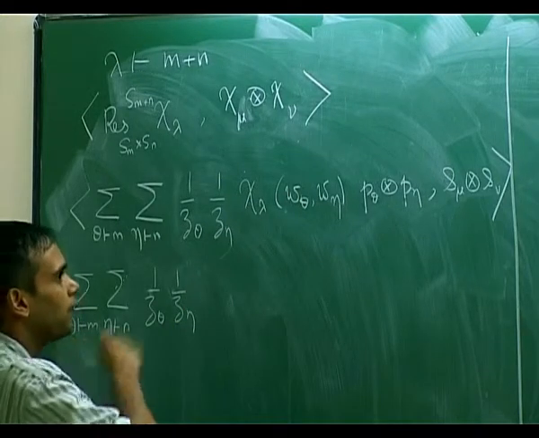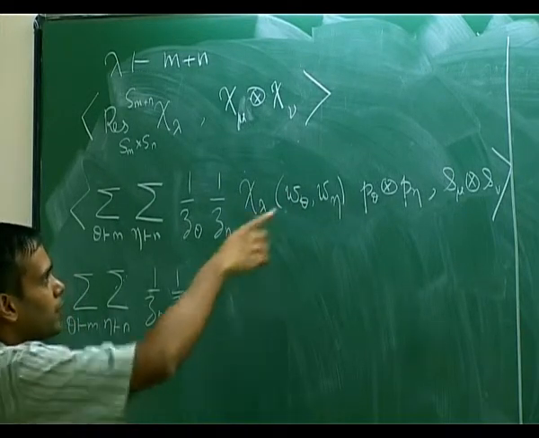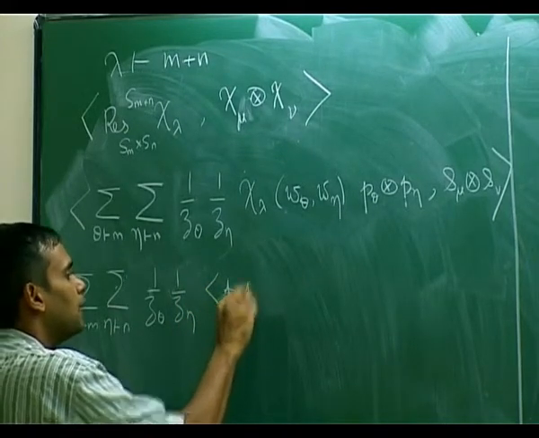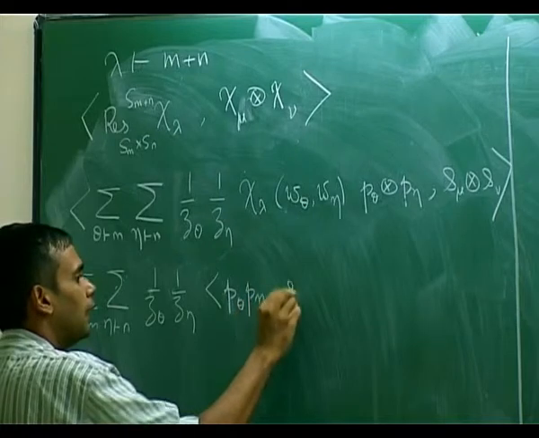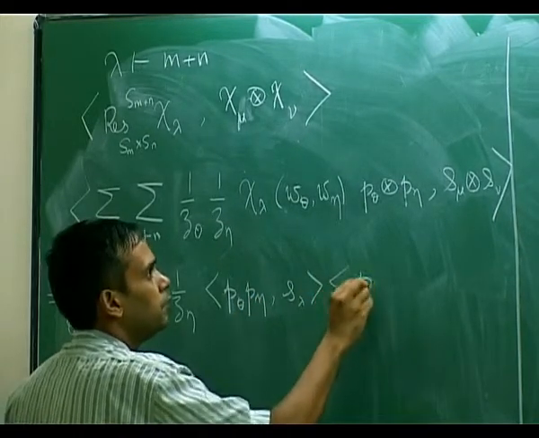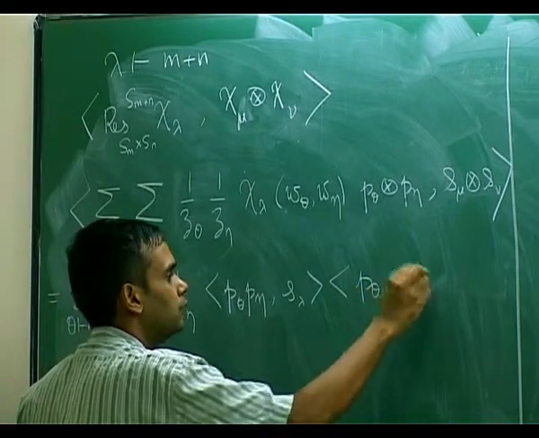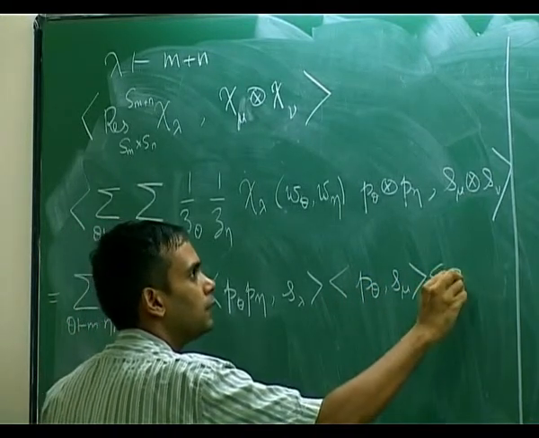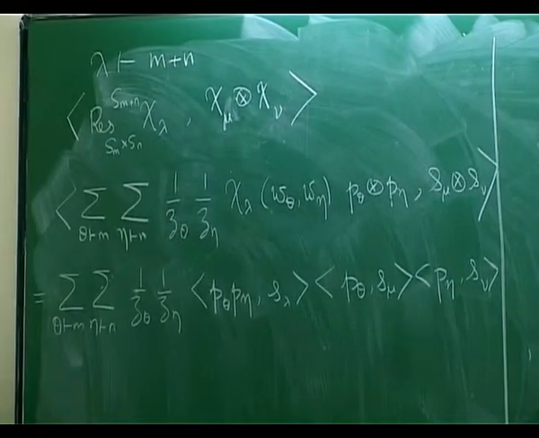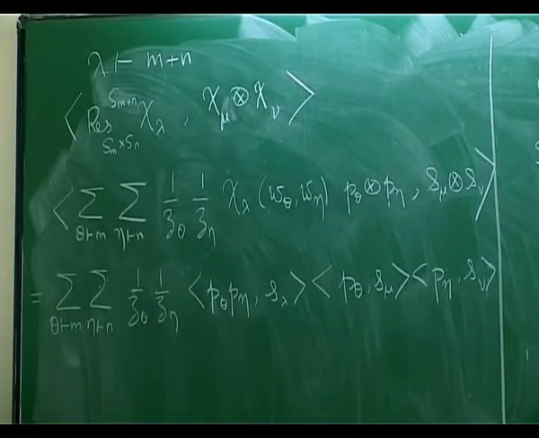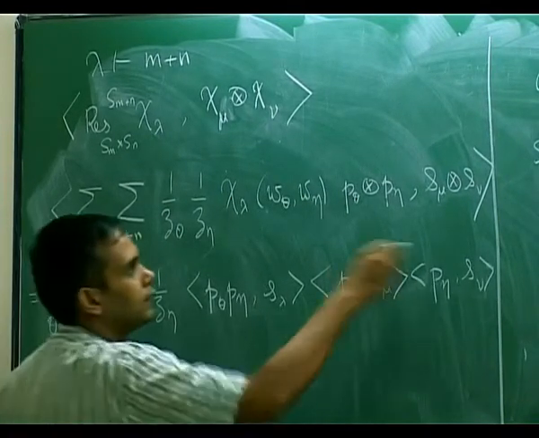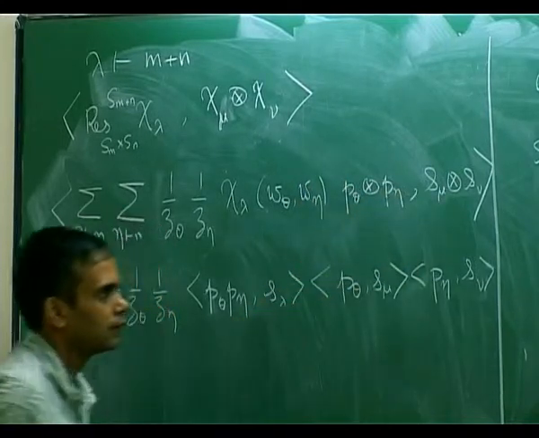So again, the multiplicative way in which power sum symmetric functions are defined comes to the rescue, and we get p theta p eta, s lambda. And then we have p theta, s mu, p eta, s nu.